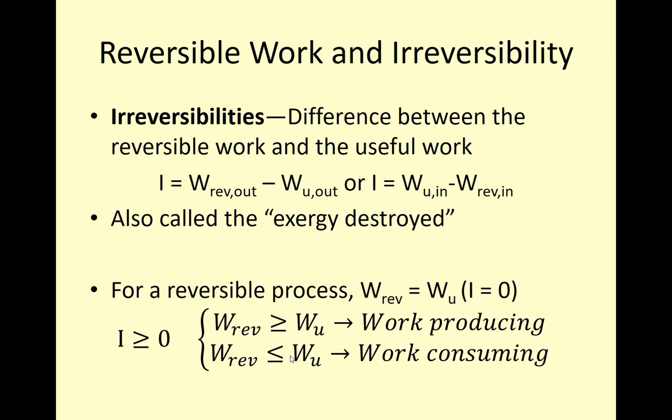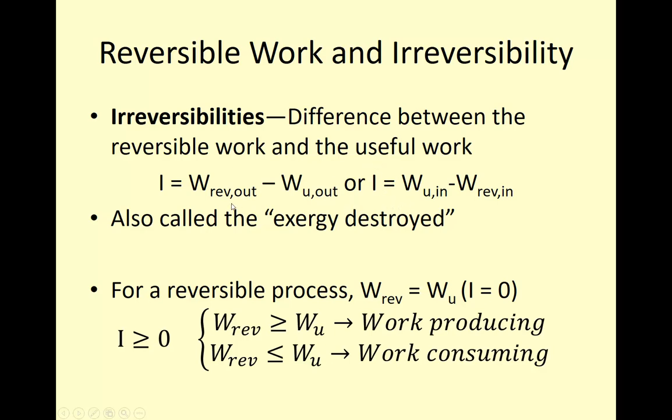Irreversibilities are the difference between the reversible work and the useful work. So when we're calculating this useful work, it's the amount of work that we actually can make use of out of our system. If we have a completely reversible system, then our irreversibilities are 0, and our reversible work is our useful work. However, in real life, we have to account for irreversibilities.